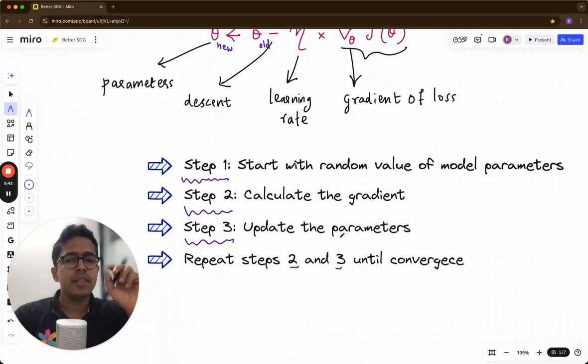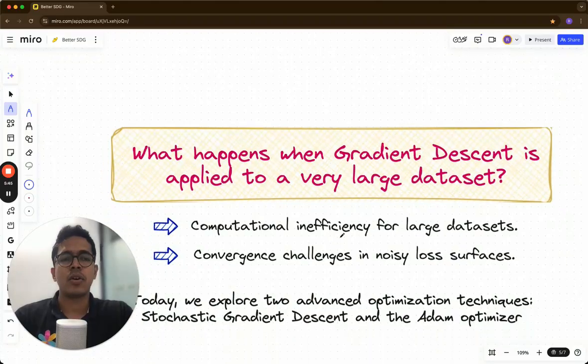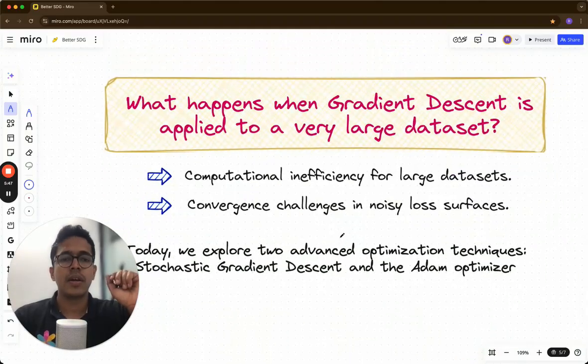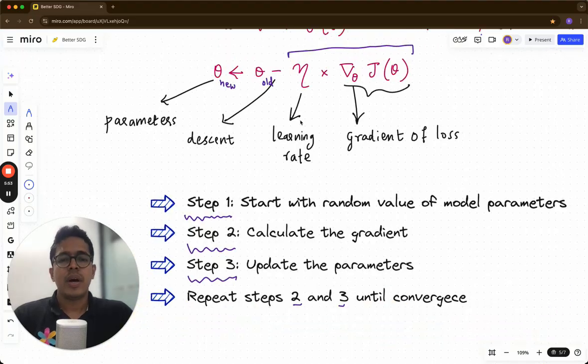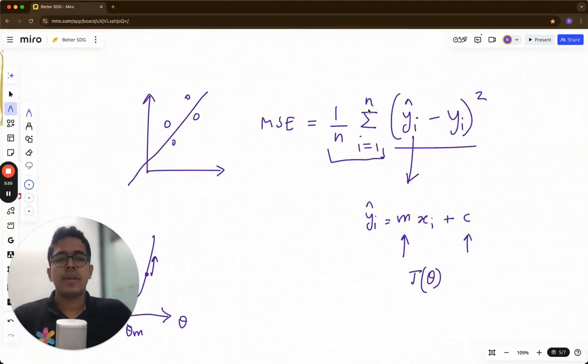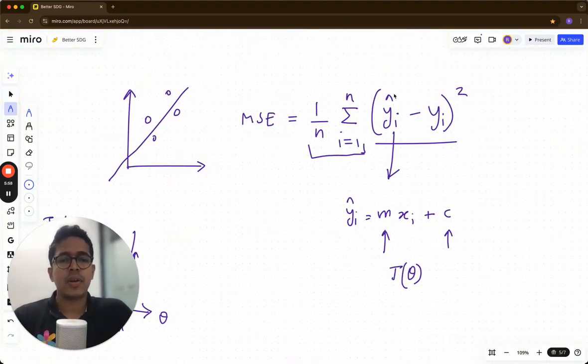However, this way in which you are trying to minimize the loss function has certain issues. Firstly, if your data set is very large, just look at this gradient descent. You have to perform a large number of calculations. Firstly, you have to calculate the predicted value of y for every single input data point, and compare it with the actual value of y.